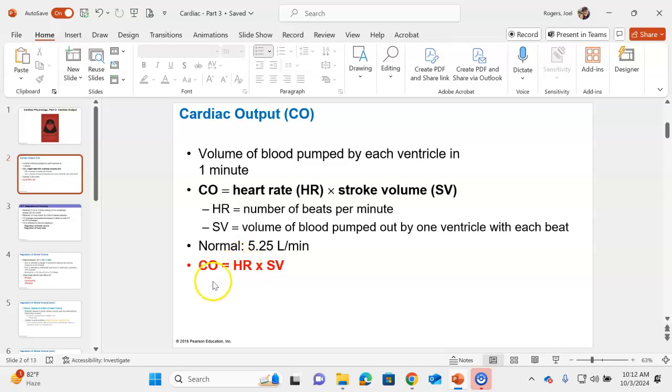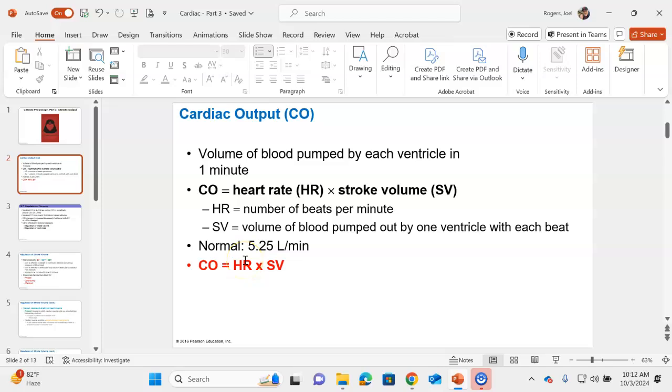Interestingly enough, you kind of have to think about this from a different perspective when you start thinking about injuries like that. So think about it from a mathematical perspective. Anything that changes this value is going to affect this. So ask yourself, if you go back and watch this lecture a second time, what happens to cardiac output if heart rate goes up?